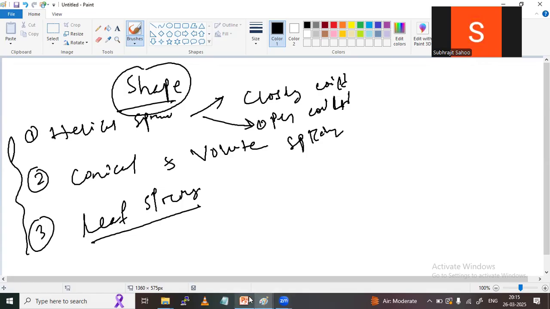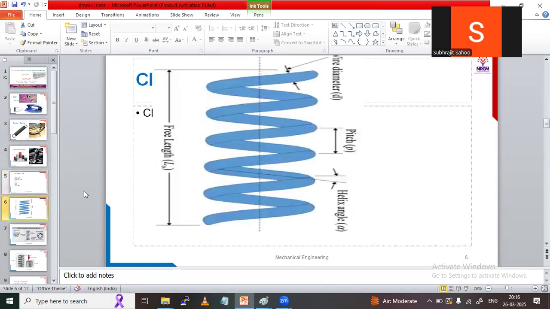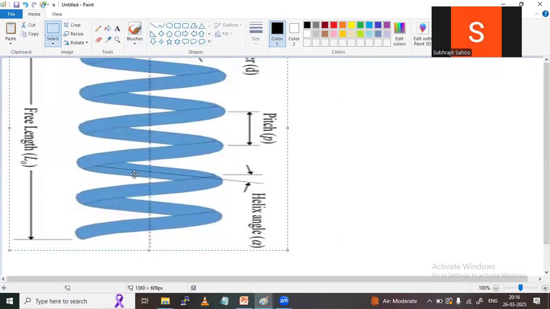So next is, observe here. In this picture, what I'm trying to show you, one minute. In this picture I will show you this angle. What is the angle, sir?